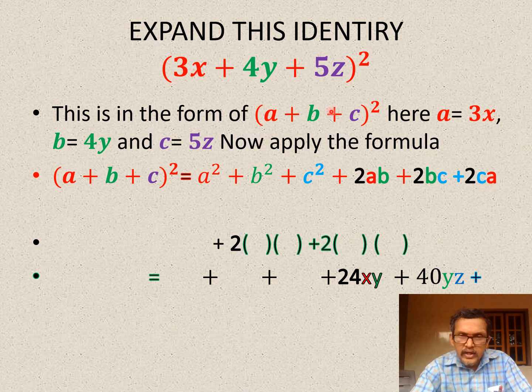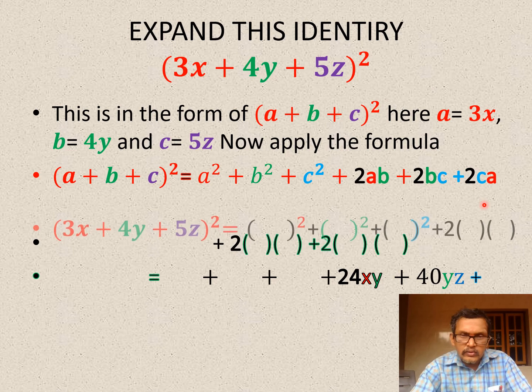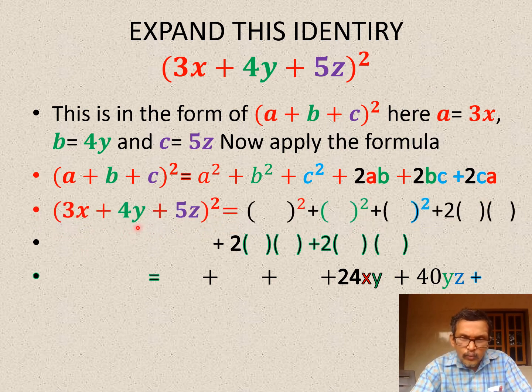Here instead of a, 3x is there, instead of b, 4y, instead of c, 5z. Substitute a, b, c, and fill the blanks, that's all.